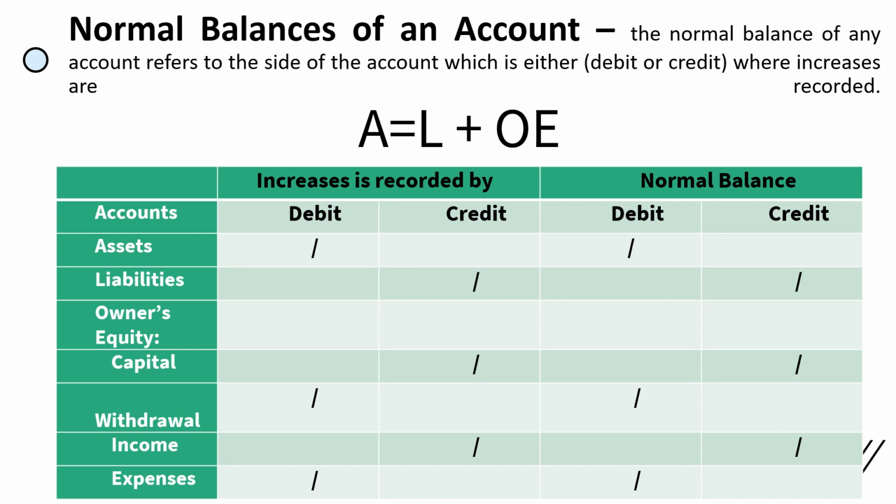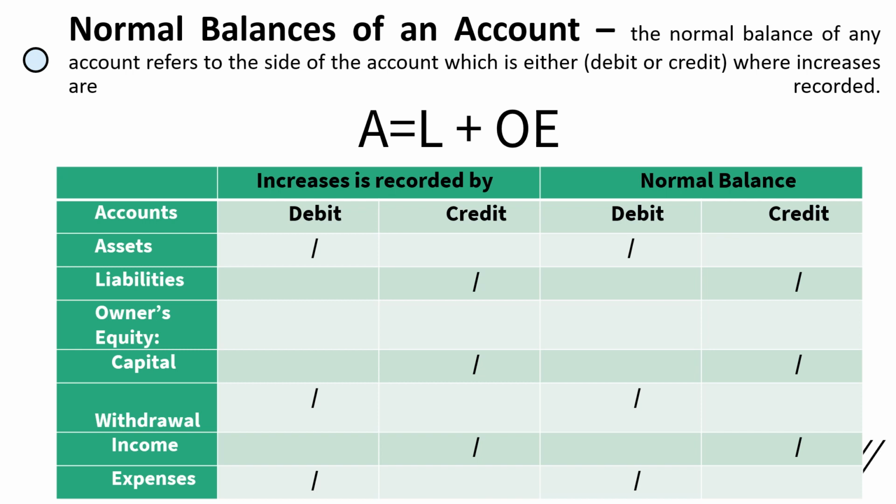For owner's equity, capital increases are on the credit side because its normal balance is on the credit side. Withdrawals, since it has an effect of contra capital because it's a deduction from capital, so the normal balance is debit side, so its increases are recorded in the debit side.